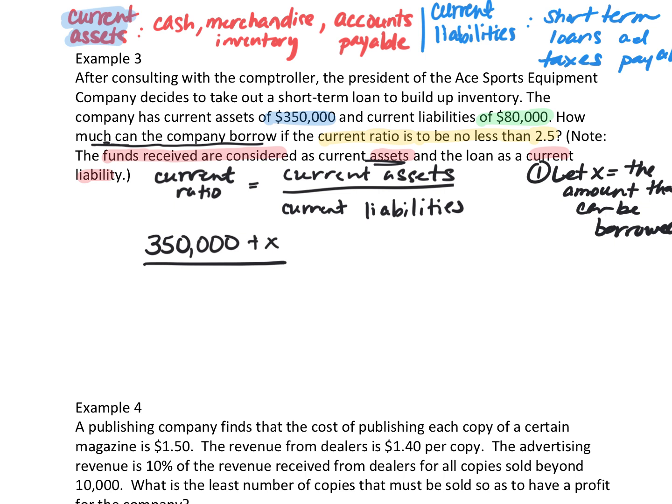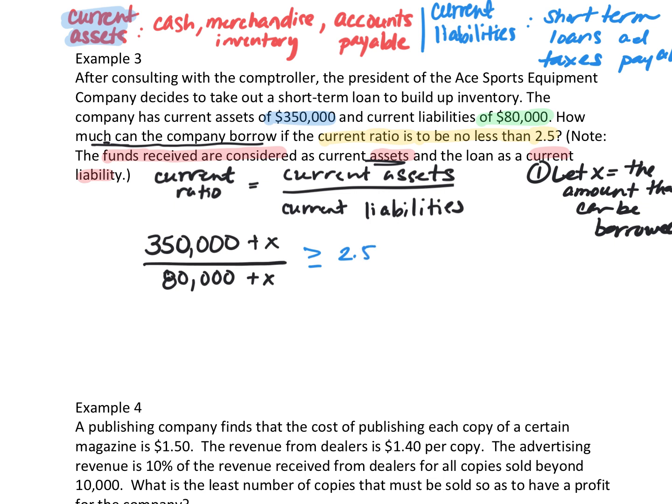Again, we have $80,000 in liabilities, but the loan also is liabilities, so we're going to add x. Now, we're writing inequalities, so the current ratio is to be no less than 2.5. If it's no less than 2.5, that means it has to be greater than or equal to 2.5.